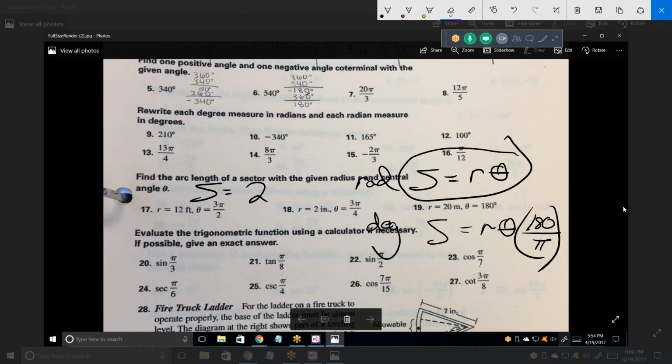Well, it's 3 pi over 4 radians. So it's the radius times 3 pi over 4. Well, what is that? 3 pi over 2 inches. And the first one gave an arc length in feet, 18 feet. This one, because r was in inches, then the total length of the arc is going to be 3 pi over 2 inches.